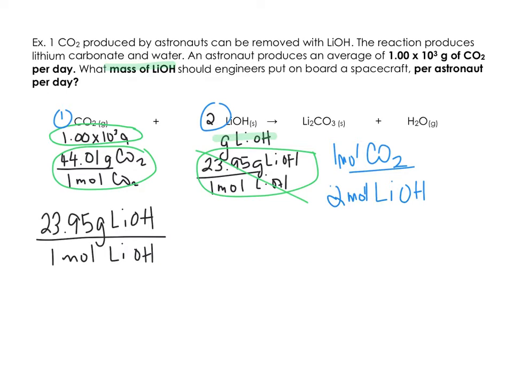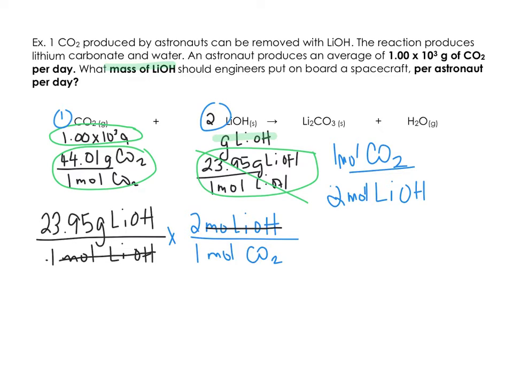So when we put in our mole ratio, we will have 2 moles of LiOH for every 1 mole of CO2. So now our moles of lithium hydroxide cancel, because one's on top, one's on the bottom, but just the units, not the numbers. The 2 and the 1 stay.